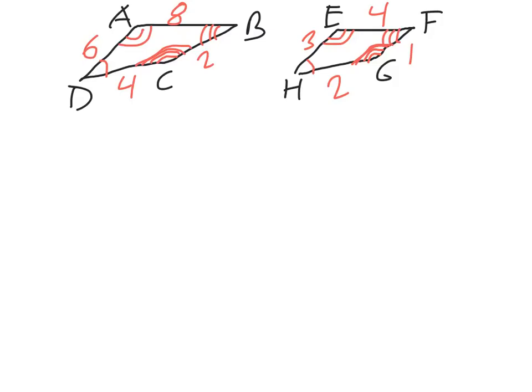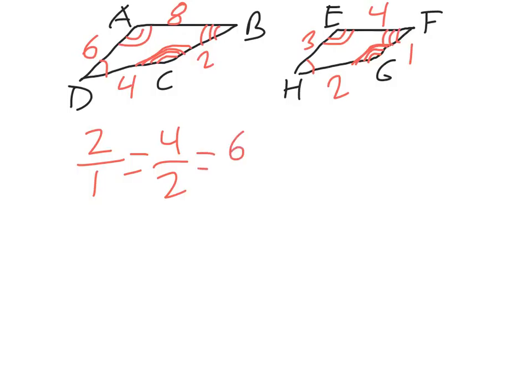So we can look and say 2 is corresponding to 1, and 4 is corresponding to 2, and we can set that up in a nice little proportion. So let's say 2 to 1, and 4 to 2, and we can even keep going for all the sides.